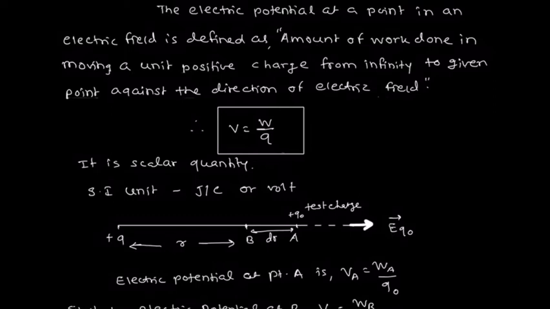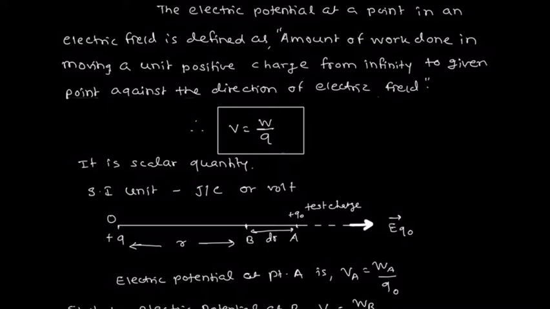For that, we consider the same figure, point charge is at the point O. The two points we choose along that direction, A and B, are separated by a very small distance dr, and B is separated at a distance r from the point O. Means the two points in the region of electric field are at distances equal to r and r plus dr.